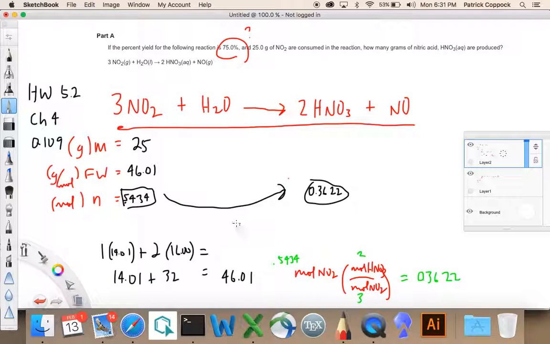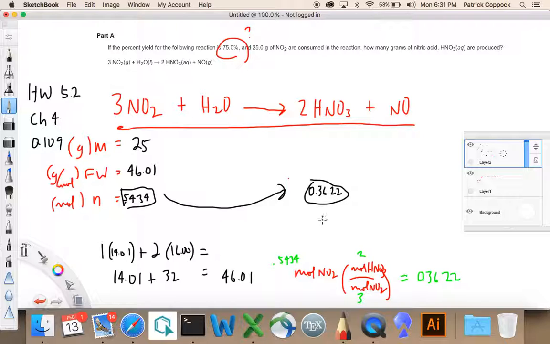Just about ready to figure out what is meant by the 75%. If I started with 0.5434 moles of nitrogen dioxide, and if everything goes perfectly, if all of them get converted, then I'm going to get 0.3622. So that's 100% right there.